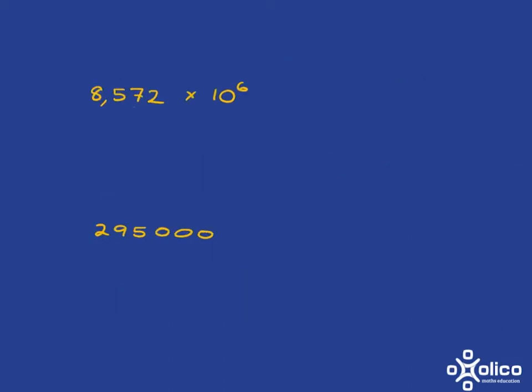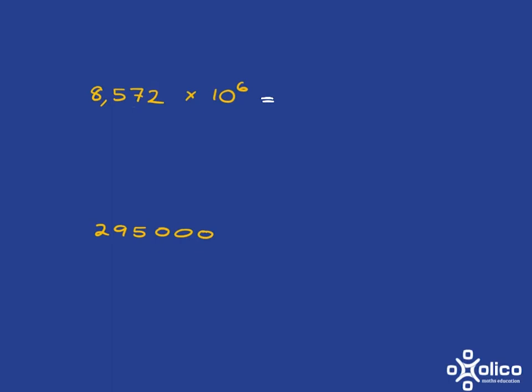Okay, let's look quickly at how we would move from one form to the other. If we've got this form here written in scientific notation and we want to turn it into standard form, all we need to do is multiply out 8,572 by 10 to the power of 6.